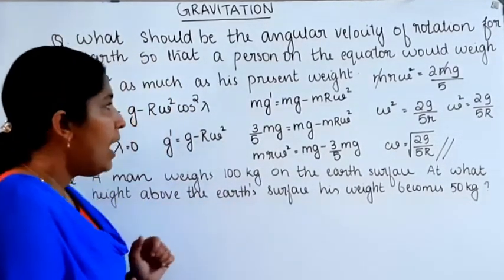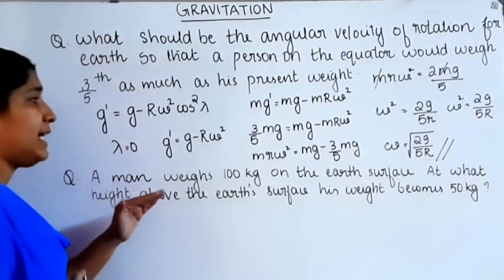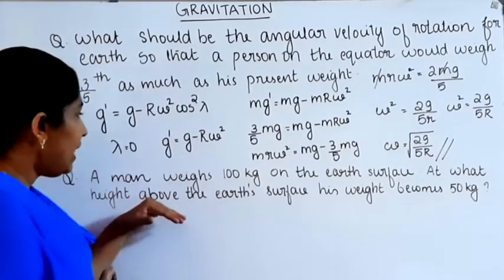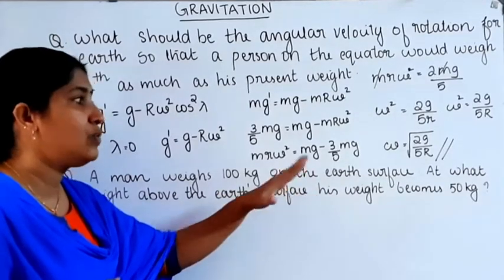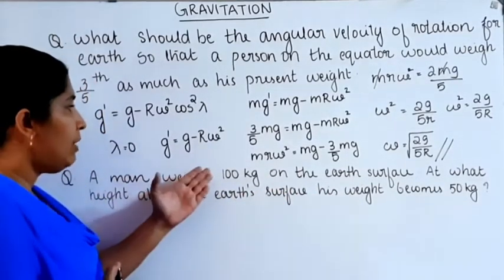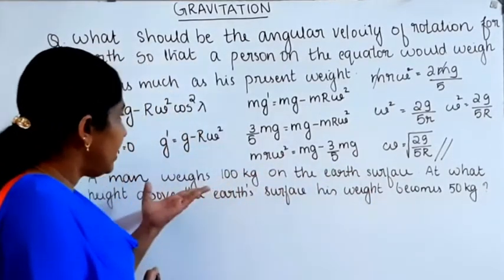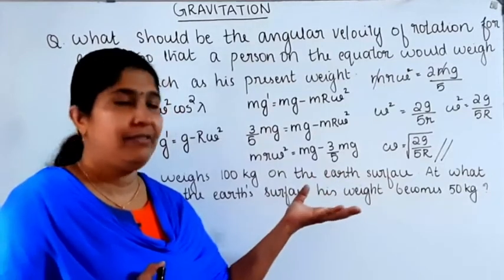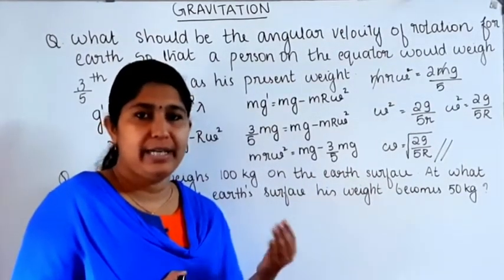Okay. Our next question. A man weighs 100 kg on the earth's surface. At what height above the earth's surface does his weight become 50 kg? There will be a considerable decrease in the weight of the body, from 100 kg to 50 kg. Then we can take the height as comparable to the radius of the earth.